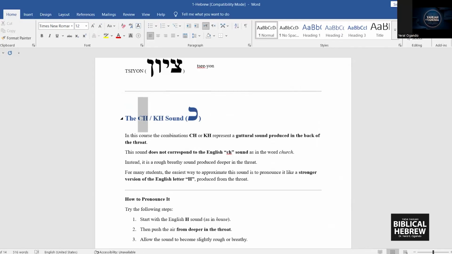It doesn't matter if you see it like ch. It's not like the English ch like we use in church. No, it is like a K sound, but a little bit different, more like an H but strong H in the back of your throat.